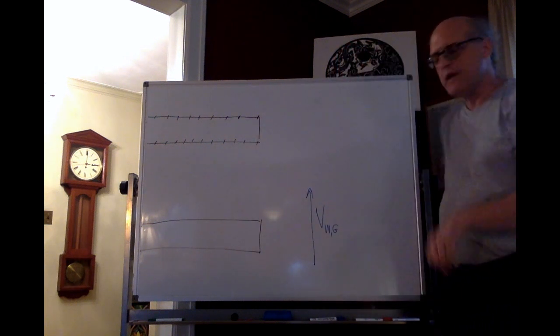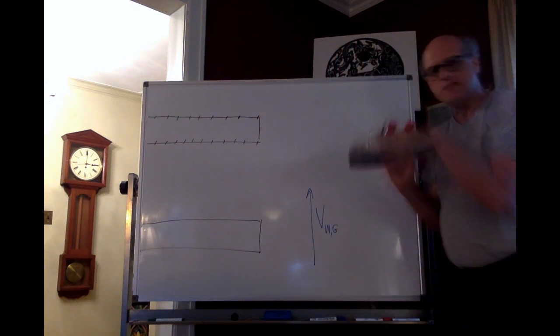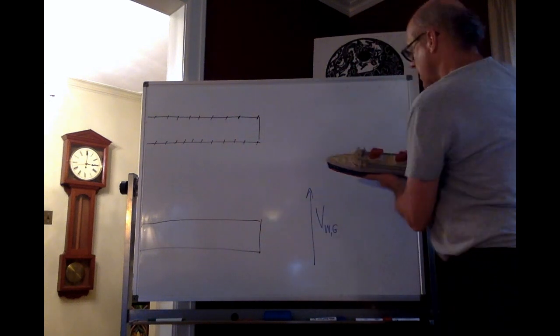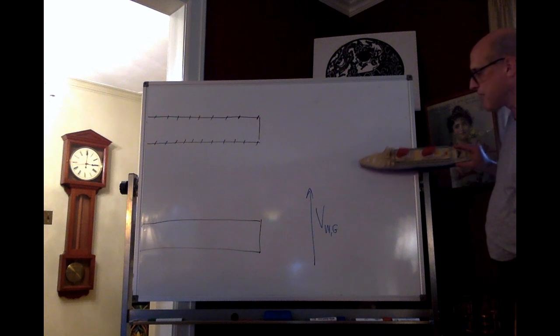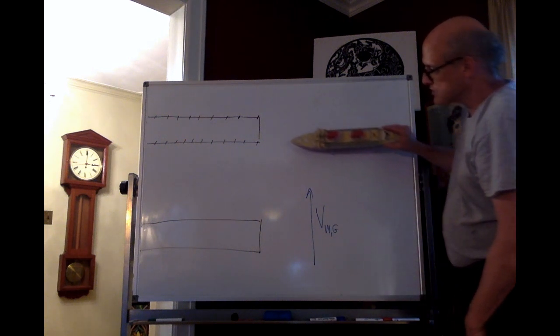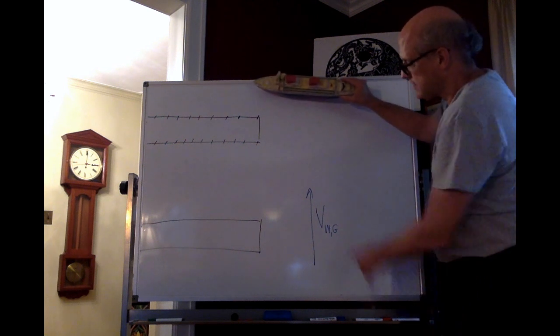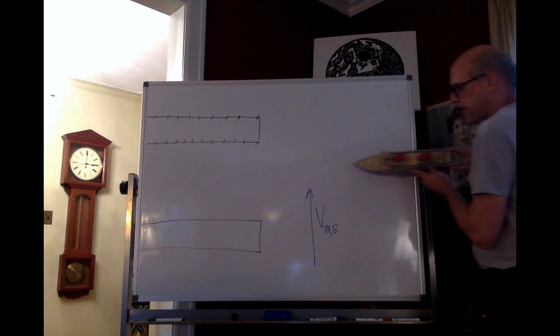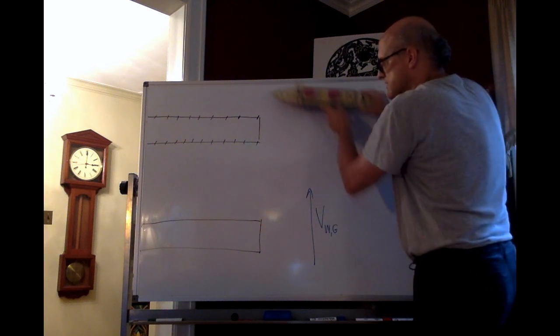Let's say we have a boat which needs to dock over here. Well, if the boat just heads directly toward that dock, won't it travel something like this? Because you have the river flowing this way, the boat traveling this way, it's going to miss the dock.